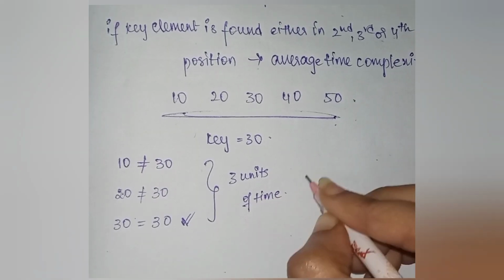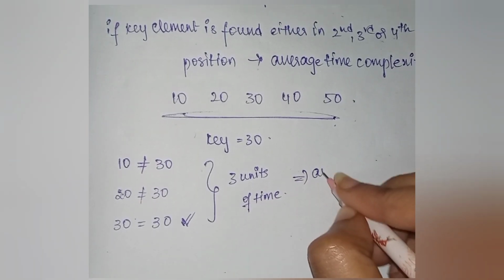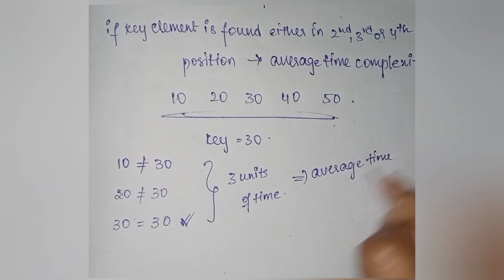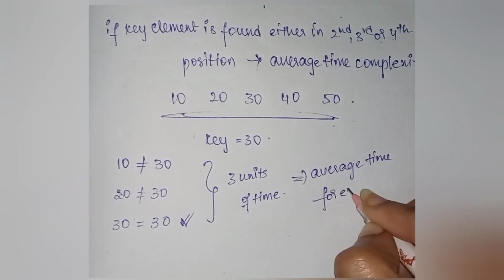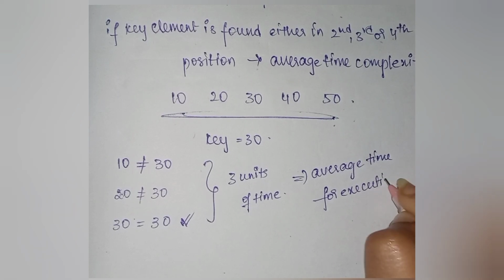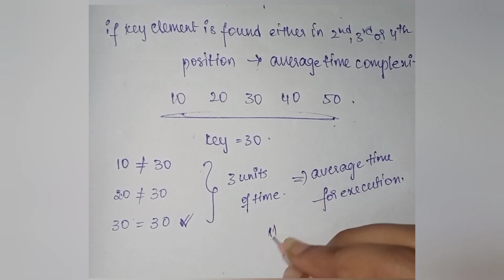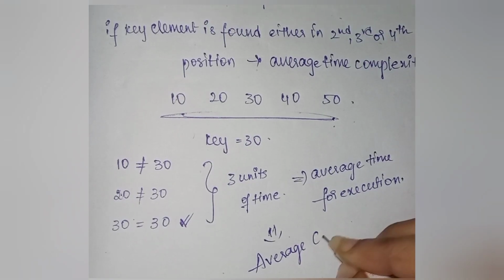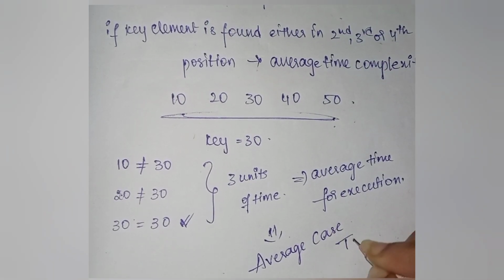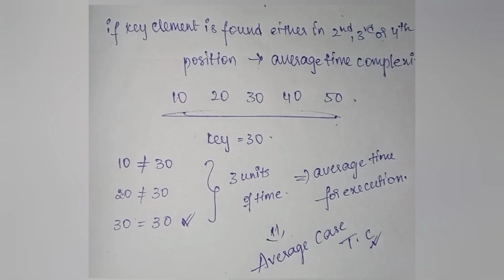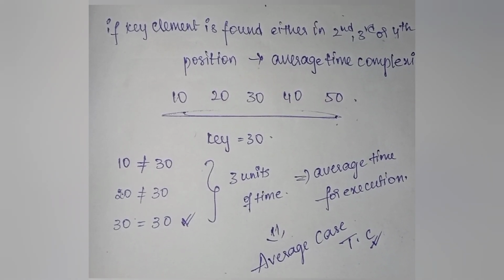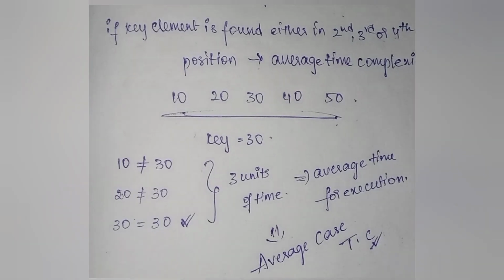So it is taking average time for execution, and hence we call it as average case time complexity. So this is how you determine whether it is a best case or a worst case or an average case time complexity with the help of linear search.